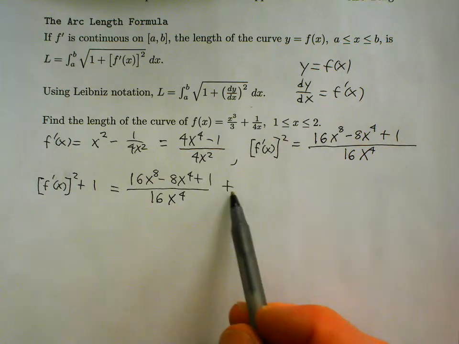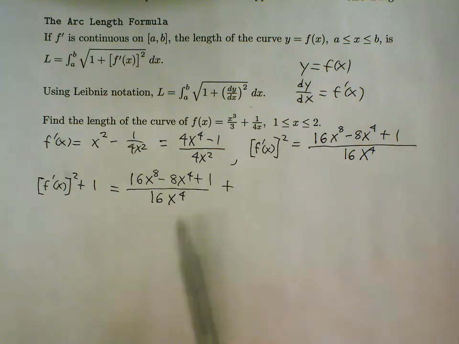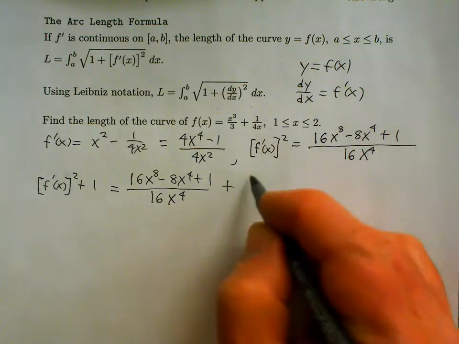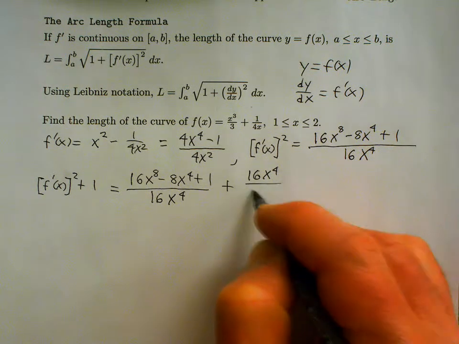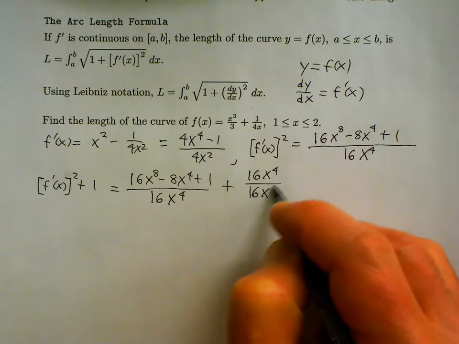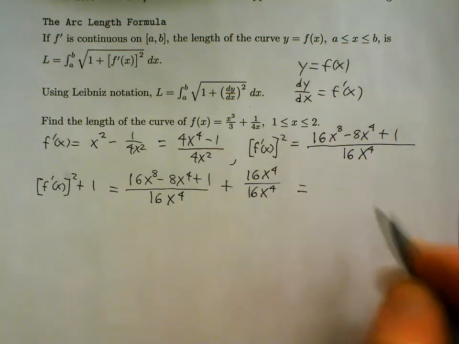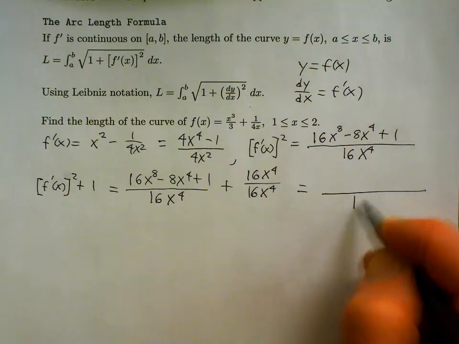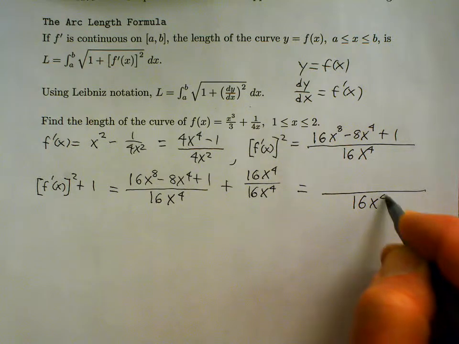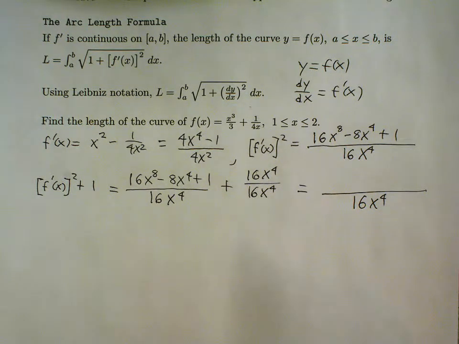So in this step, I'm going to go ahead and write 1 in the form 16x to the fourth over 16x to the fourth. And then we have a common denominator of 16x to the fourth. And then we can add the two numerators.